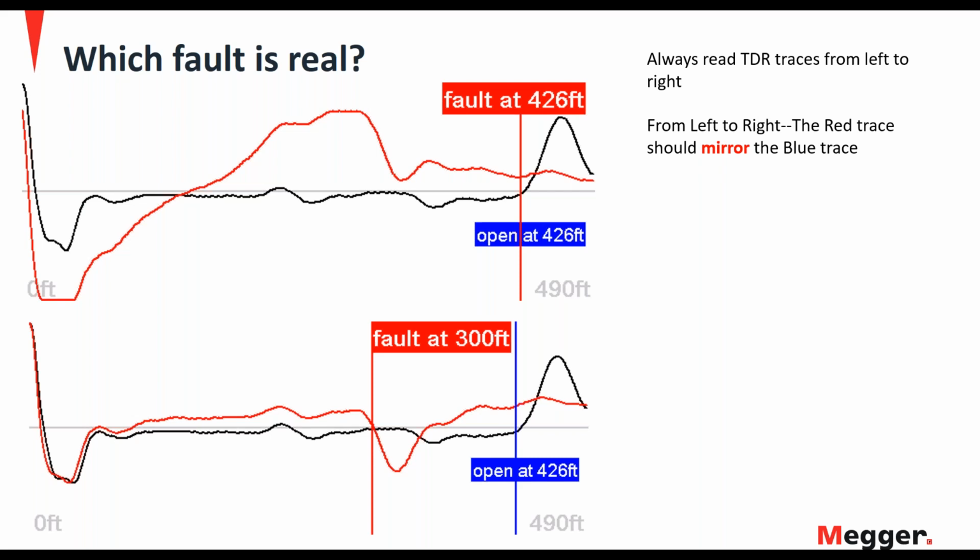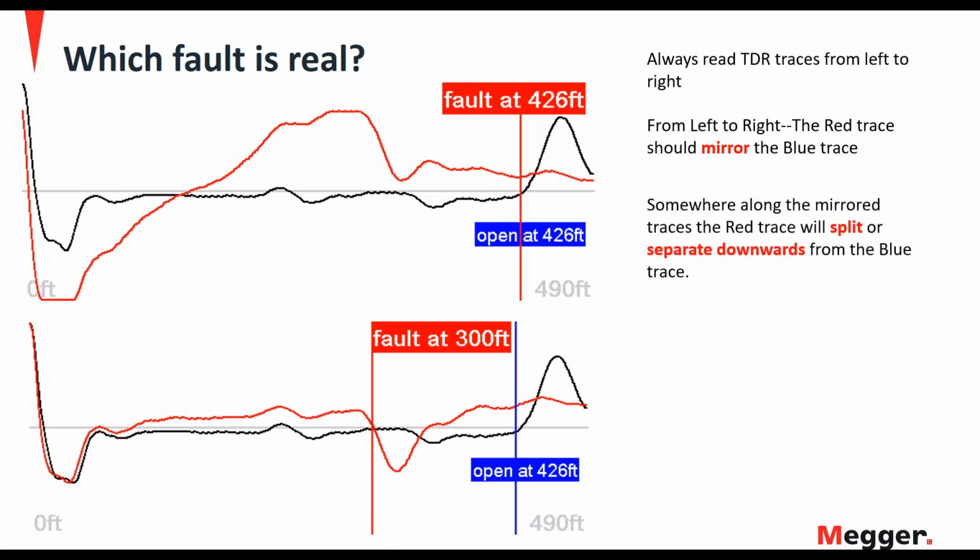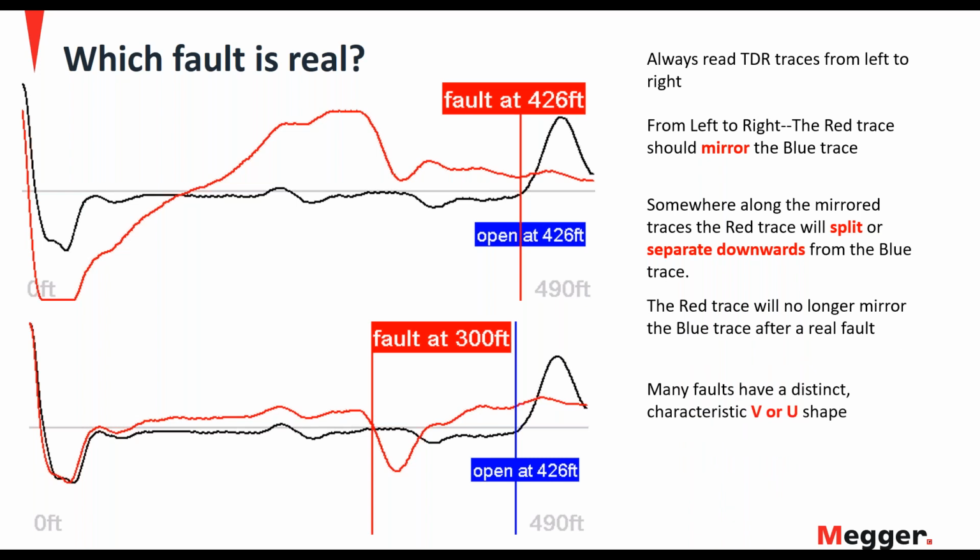And so if I have to choose between the fault at 426 in the top picture and the bottom picture with a fault at 300, the bottom picture is the one that's correct. So this fault is at 300 feet. And I know that because it has the split after the mirror effect. The red trace no longer mirrors, and it also has that characteristic V shape.